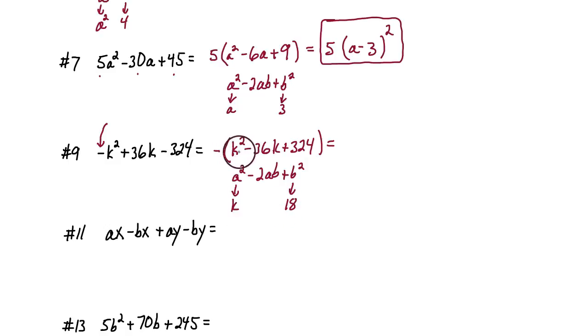I look at the first term and take the square root to figure out what value is our a. And I'm looking at the last term and taking the square root to figure out what value is the letter b. So our final answer has the negative, then one set of parentheses with squaring on the outside, and then k minus 18.